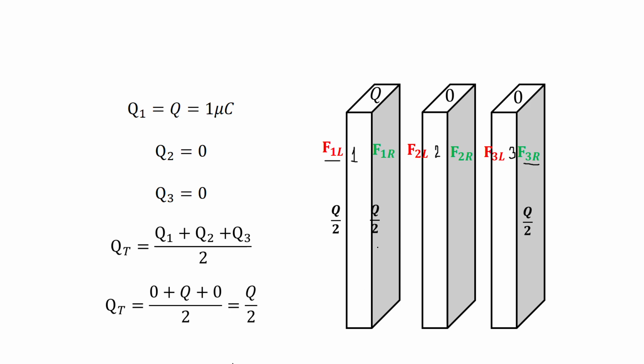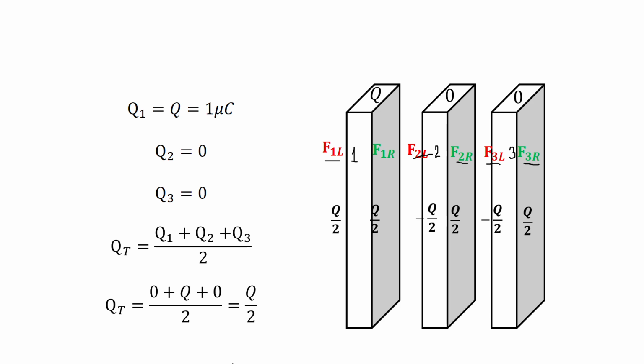Now from Gauss law, we can say that the charge on F2L will be minus Q by 2. Again, this plate was isolated; initially there was no charge given to this plate, it was neutral. So the net charge on it should be 0. So on F2R, the charge should be Q by 2. Similarly, from Gauss law, if Q by 2 is appearing on F2R, then minus Q by 2 will appear on F3L.